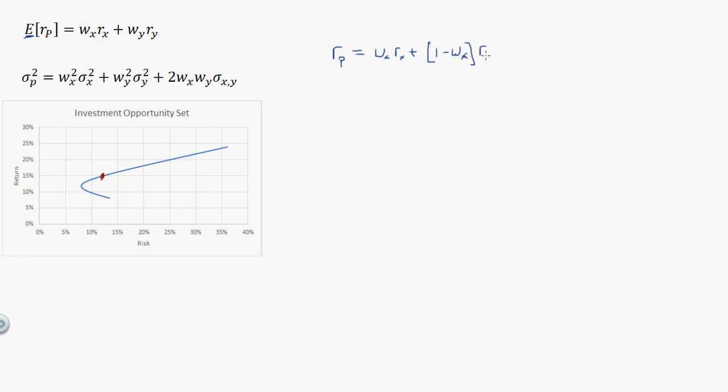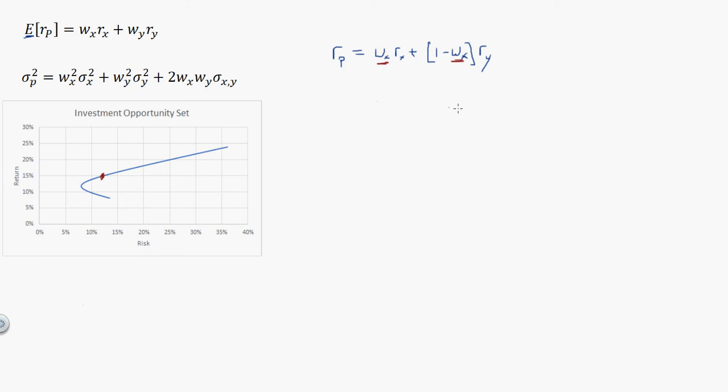All right, so the client tells me they want a 15% return. I know the return on X, return on Y. I need to solve for Wx. I need to get this number out right here.